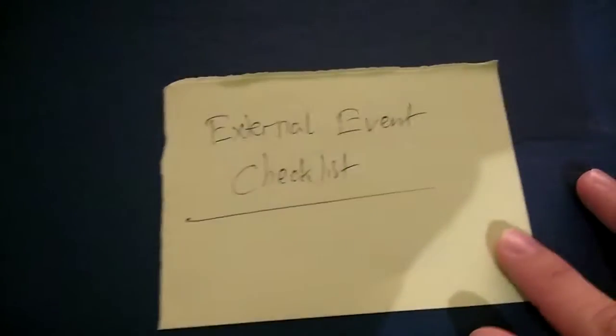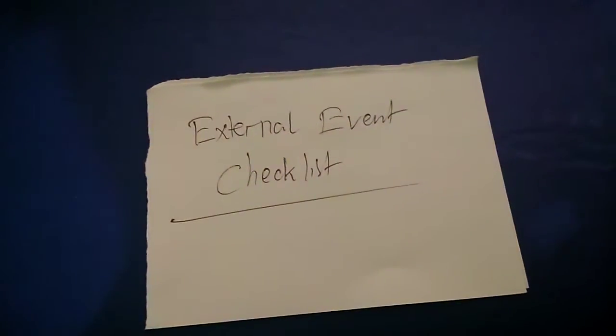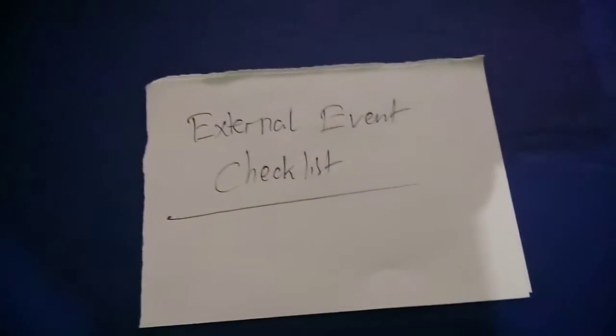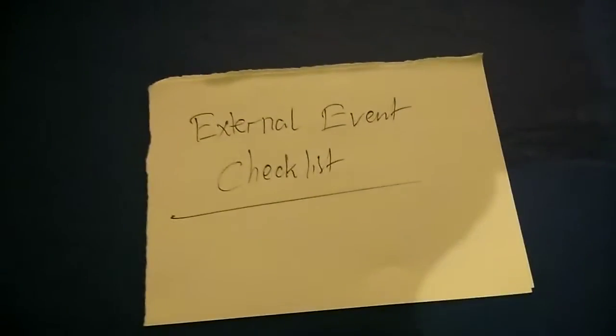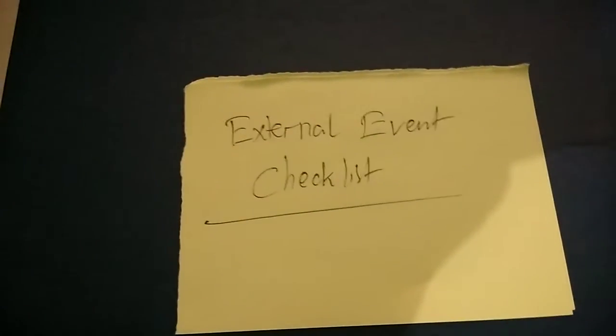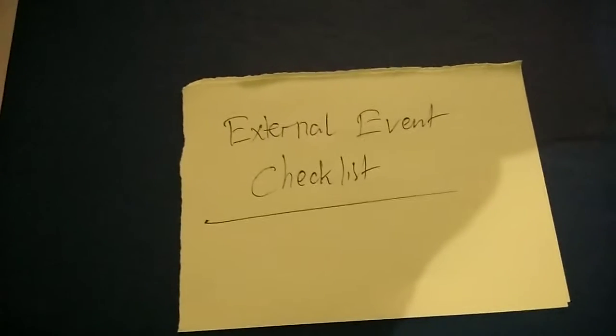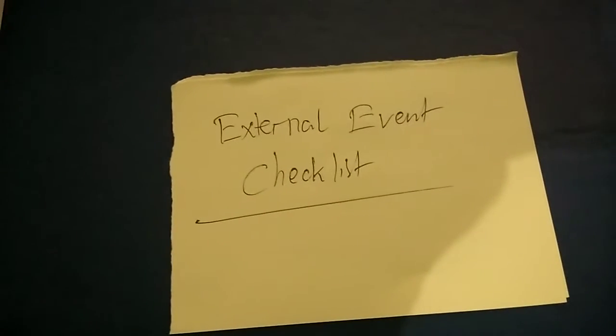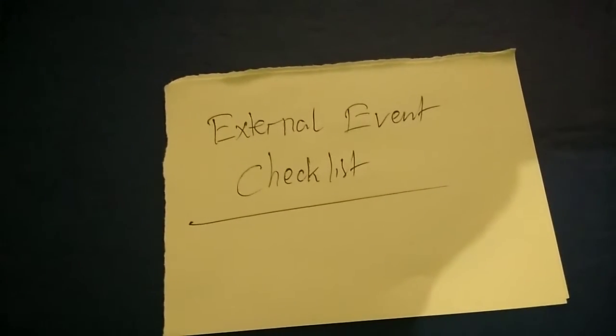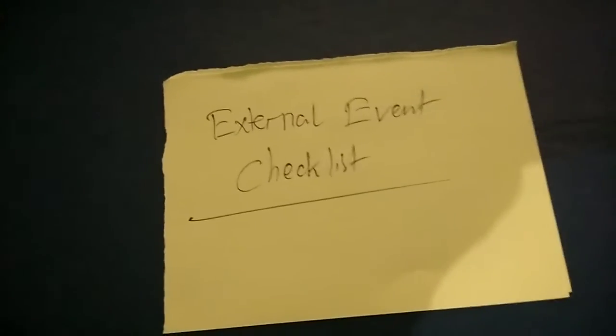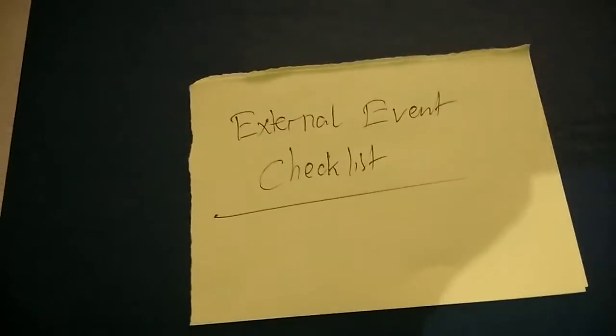External event checklist. An external agent or actor wants something resulting in a transaction, like a customer buying a product. An external agent or actor wants some information, like a customer wanting to know the product details.